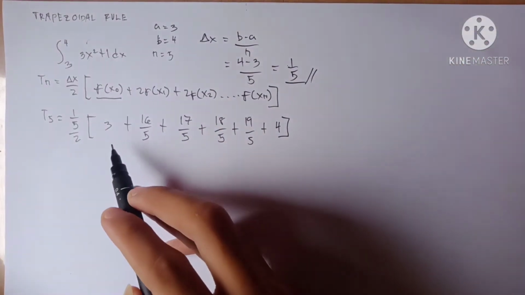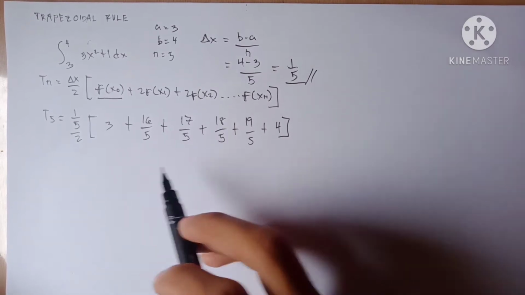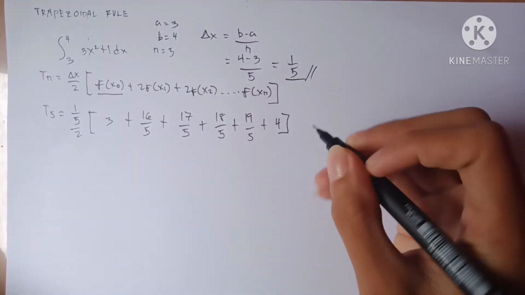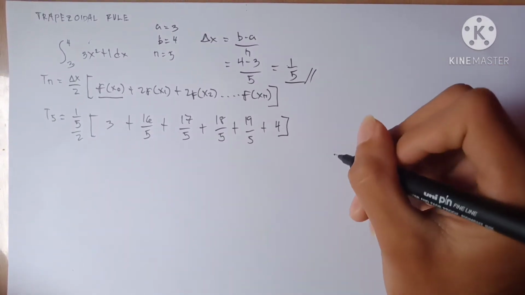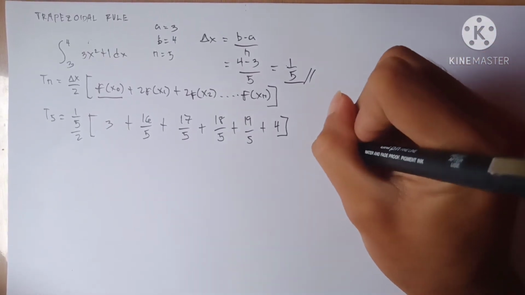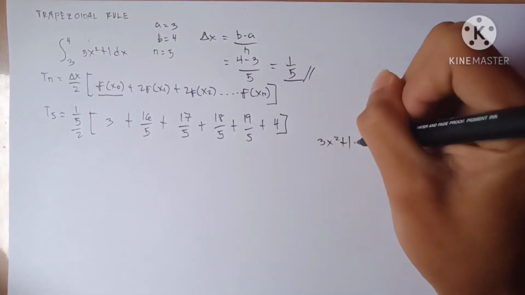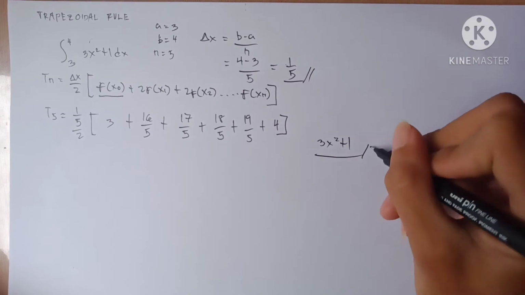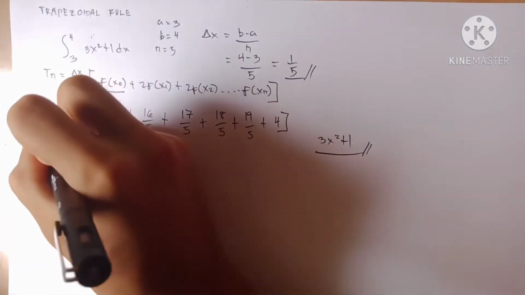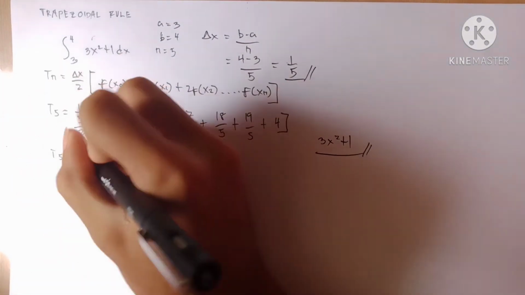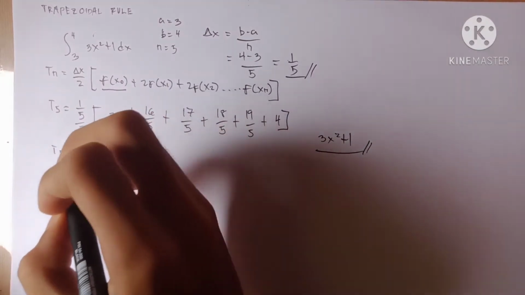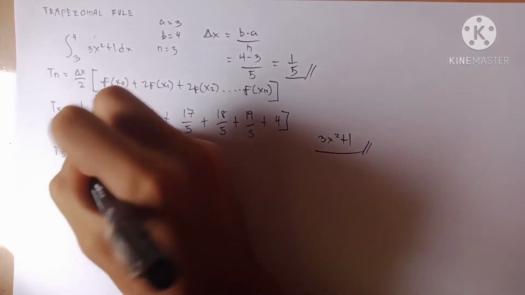Next is lahat ng ating term na nasa loob ng bracket ay i-substitute natin siya sa ating equation na 3x squared plus 1. So T of 5, copy, then 1 over 5 over 2 is 1 over 10.